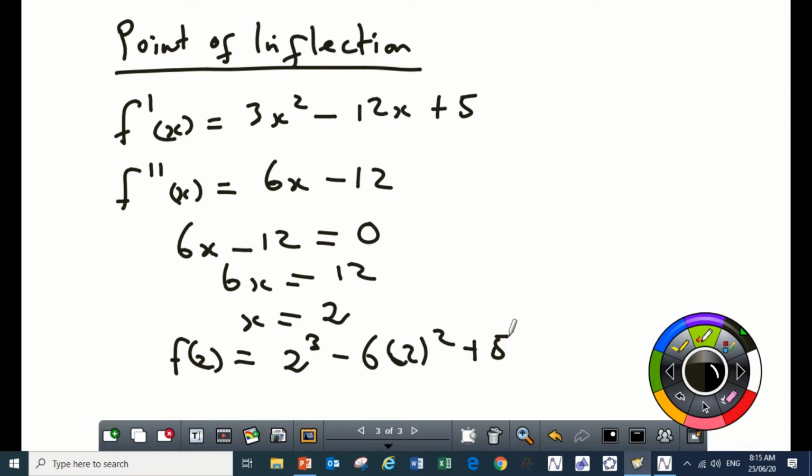So that will give me 8 minus, that's 5 times 2. Oh, there's also 5x, so there's times 2 there, right, plus 10. So that this will give me minus 16 plus 10, you get minus 6. Okay, so at the point of inflection, x is equal to 2 and y is equal to minus 6.